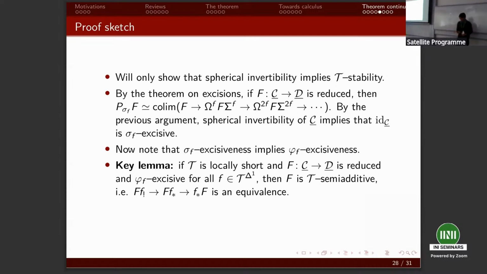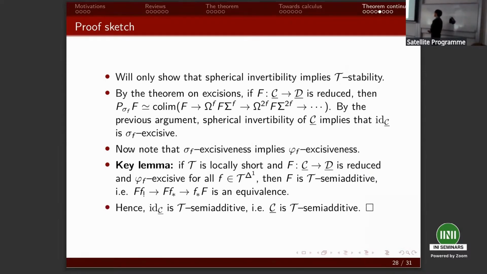And as I pointed out earlier, these kinds of arguments are a bit trickier to do in the general setting, because you cannot just say, oh, induct on the size of the cube, because you cannot choose spaces. Imagine if you have a cube with a G action, if you've chosen a space, then the space starts moving around. How are you going to do any induction? So you have to come up with coordinate-free tools for all of these things. Anyway, once you know this fact, identity is sigma F excited, and so is phi F excited, and so is T semi-additive, and so C is T semi-additive. That's how these things fit together.